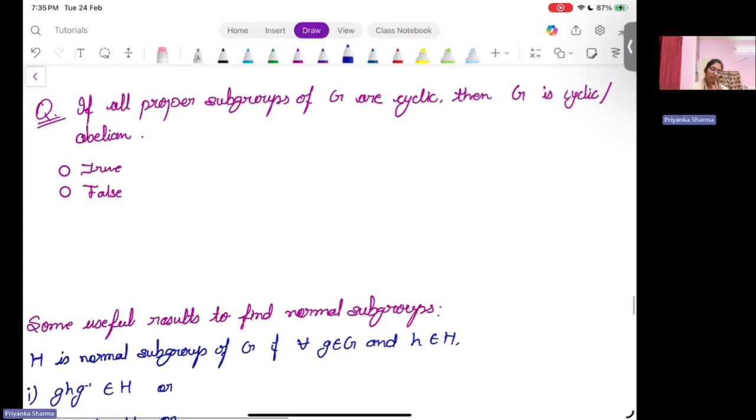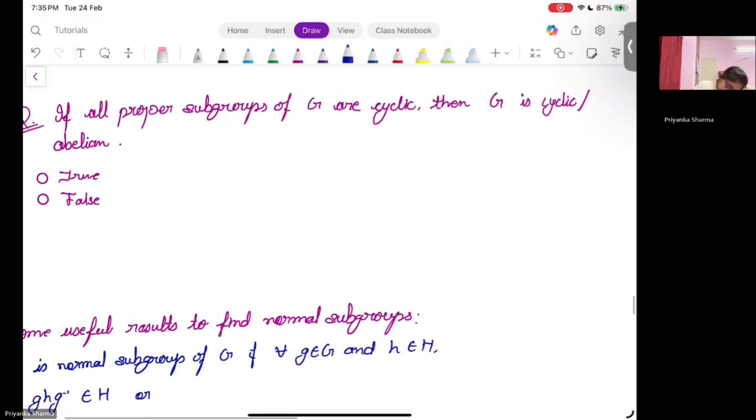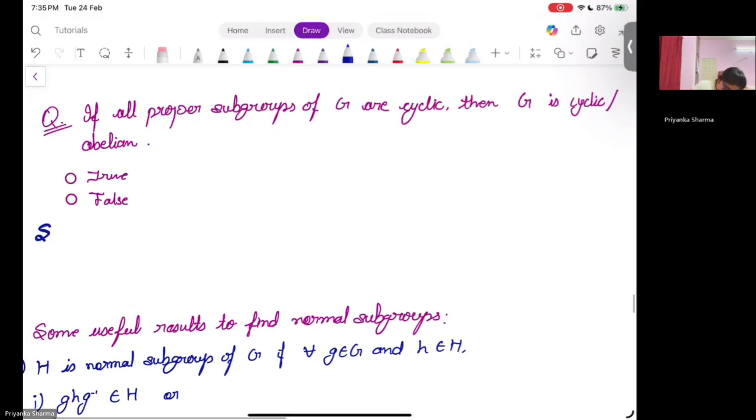Consider this statement. If all proper subgroups of G are cyclic, then G is cyclic or G is abelian. So, is this true or not? Note that here I am saying all proper subgroups, not all subgroups.